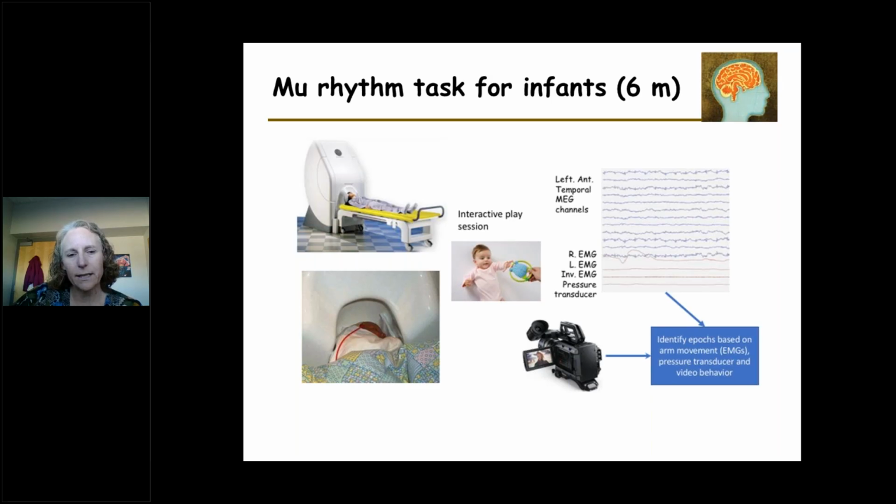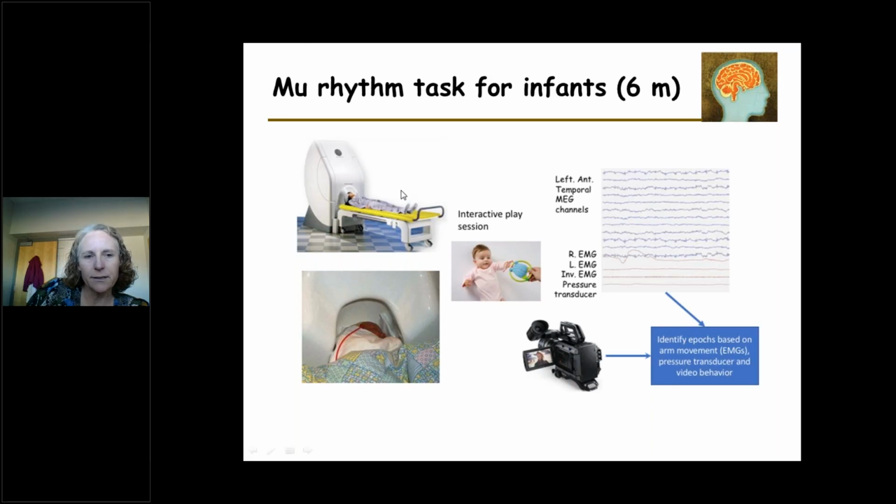So one thing that kids like to do at 6 months of age is hold on to things, and this allows you to look at both normal resting behavior in the infants, and then also at grasping. And one thing that we know changes between rest and grasping a tool or a toy is the mu rhythm, which is also an alpha oscillation, but that originates from the somatosensory cortex.